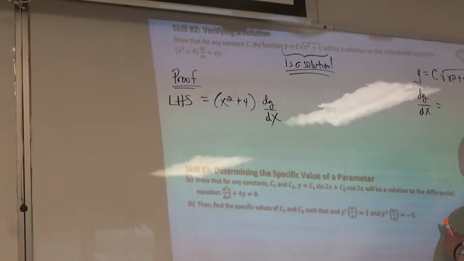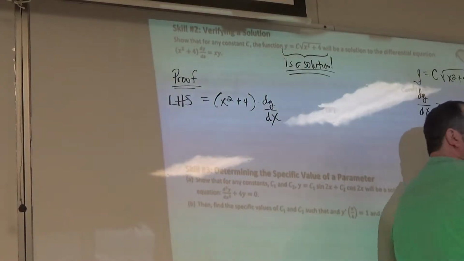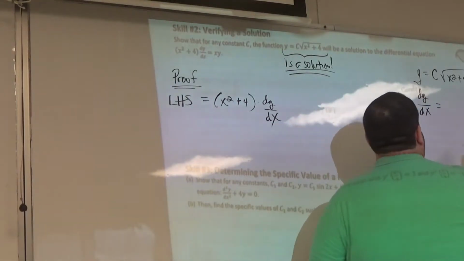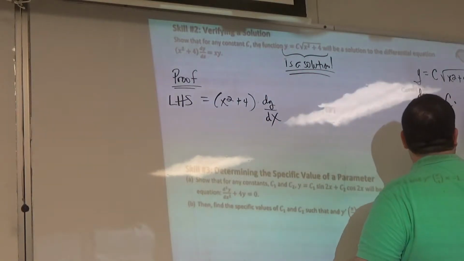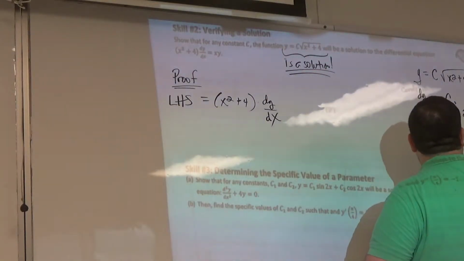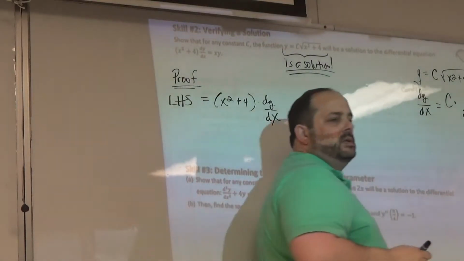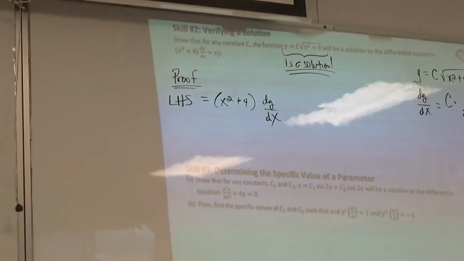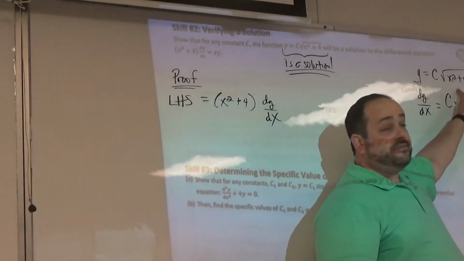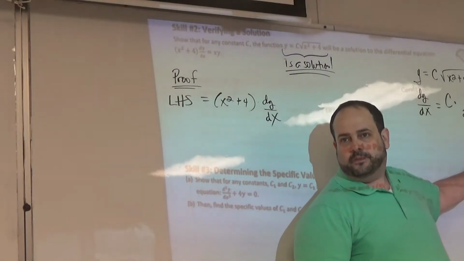Quick little nudge if you need it: the derivative of the square root of x is always 1 over 2 square roots of x. So the derivative over here, c is a constant, leave it alone, will be 1 over 2 square roots of x squared plus 4 times 2x. Why are we multiplying by 2x? It's the derivative of the stuff inside. We just did a little chain rule.